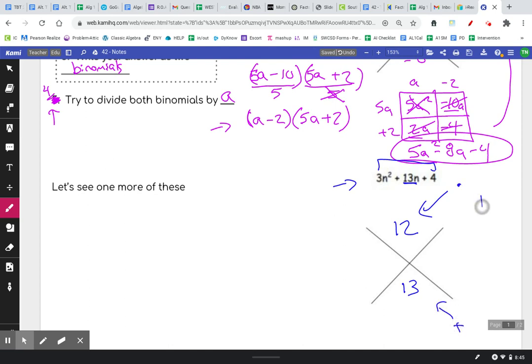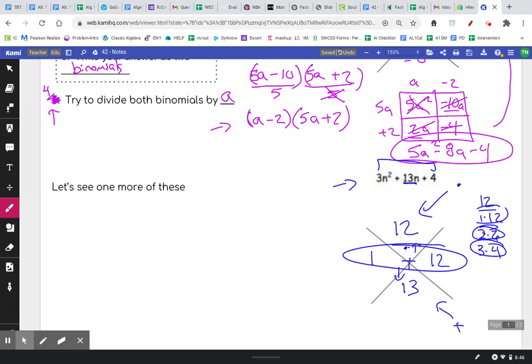What are my factors of 12? 1 times 12, 2 times 6, and 3 times 4. Which of those pairs adds to 13? It'd be the top pair, 1 and 12. So here are my two numbers that add to this and multiply to this.